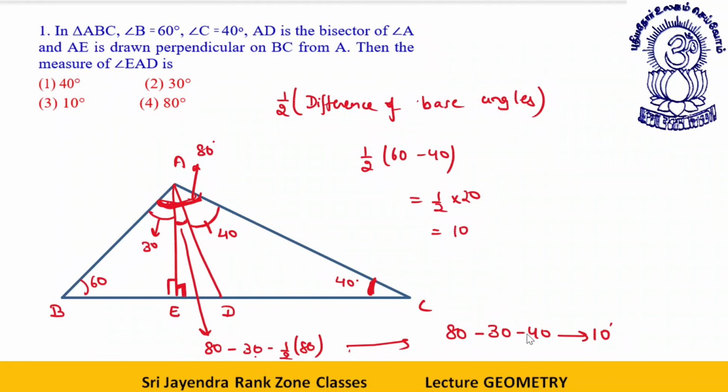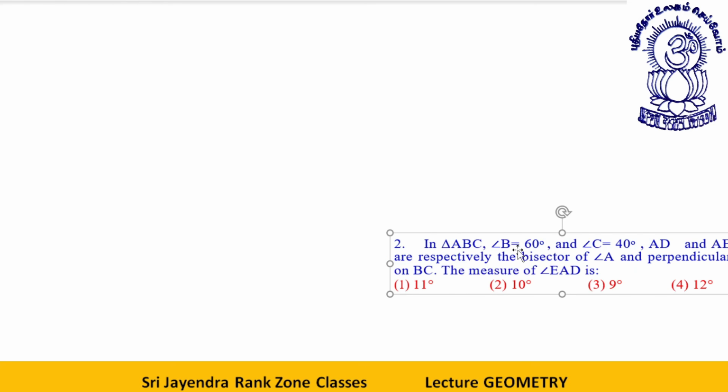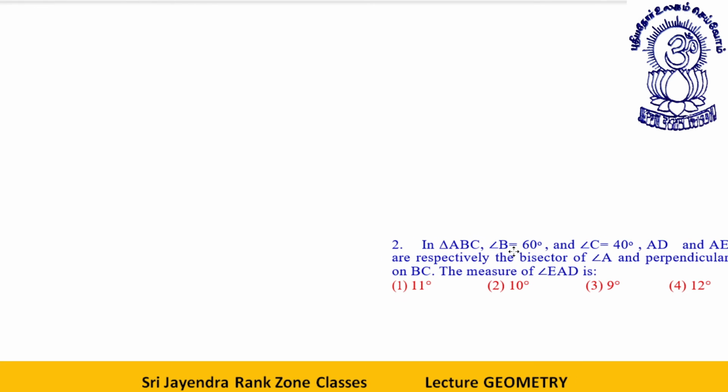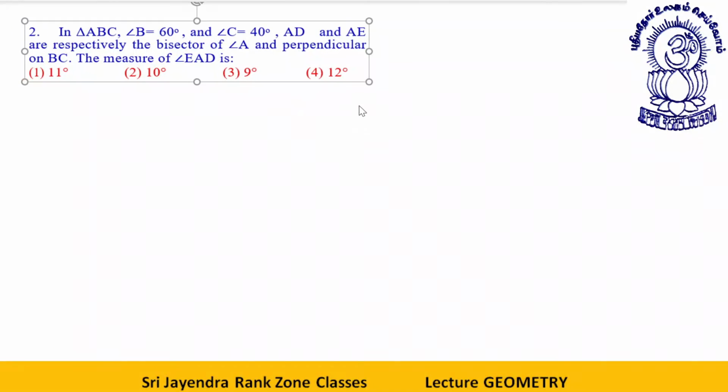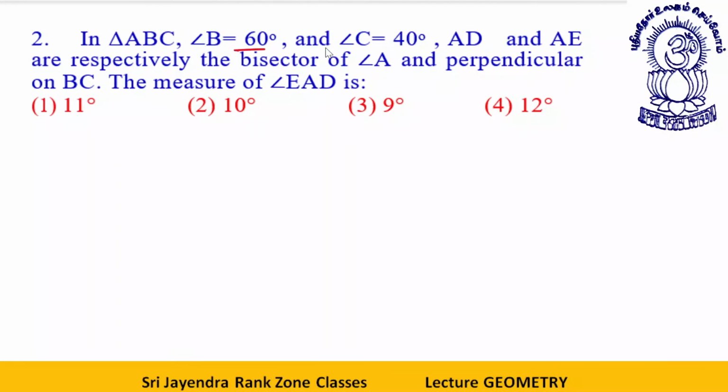The next question which we are going to take, we will do it directly. Again, a very similar question. ABC is a triangle. Angle B is 60 degrees, angle C is 40 degrees, same. AE and AD are respectively the bisector of angle A and the perpendicular on BC.